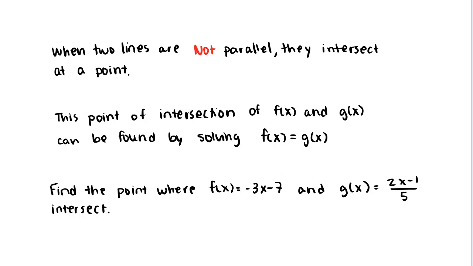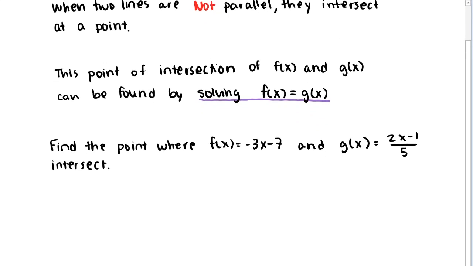We can do so by setting the two functions equal to one another and solving that equation. That's like setting the outputs of our two functions equal to one another and asking what value of the input makes these two outputs the same value. That's going to lead to our point of intersection.